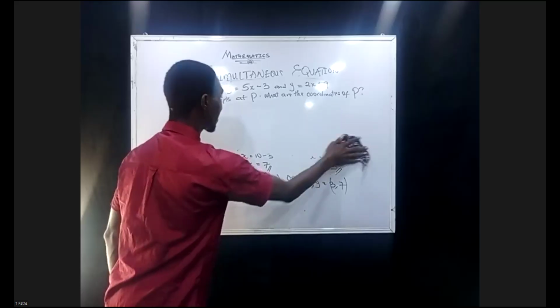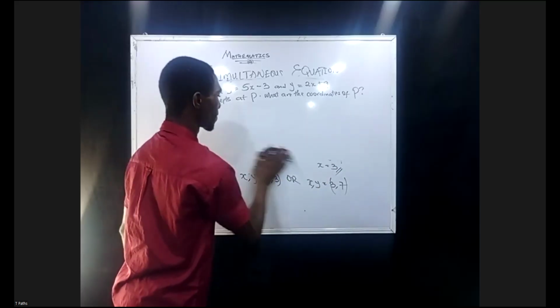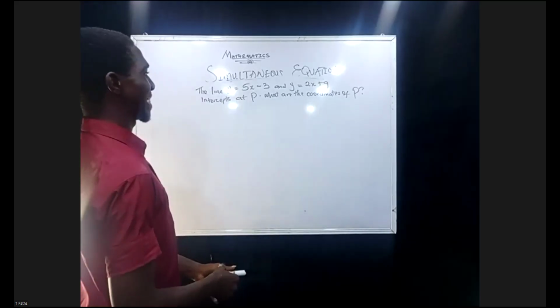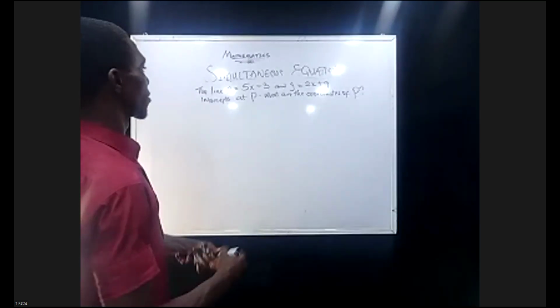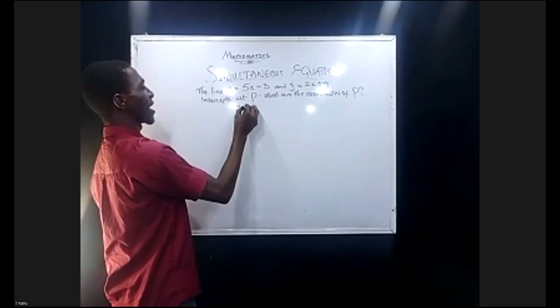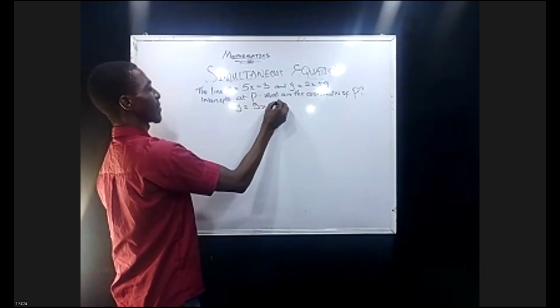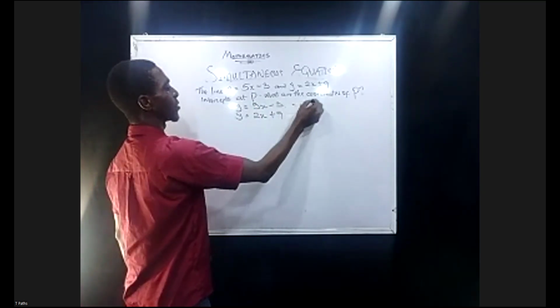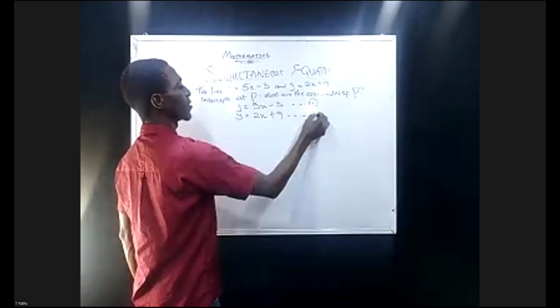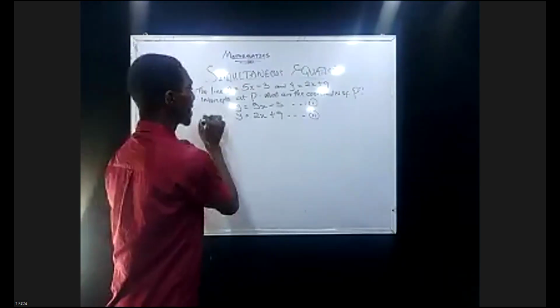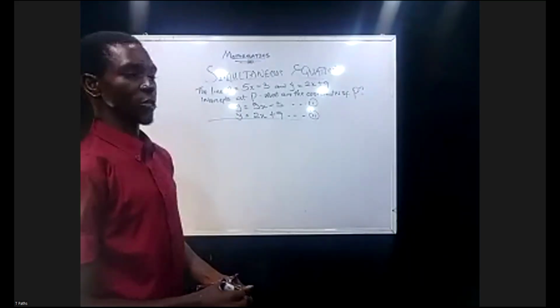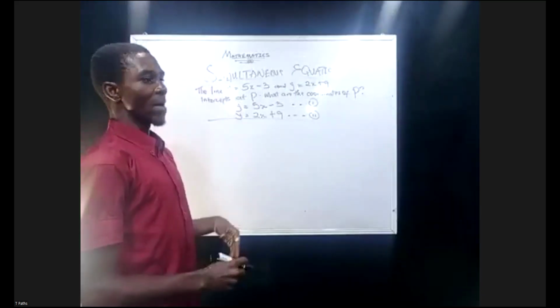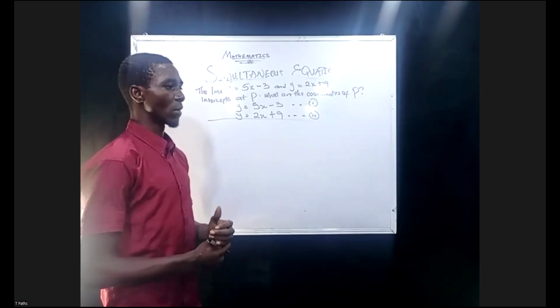Now, having this question, they said they intersect at a point P. So that means the two equations are the same: 5x minus 3 equals 2x plus 9. Equation 1, equation 2. Now, this is a simultaneous equation. We have different methods of solving simultaneous equation.